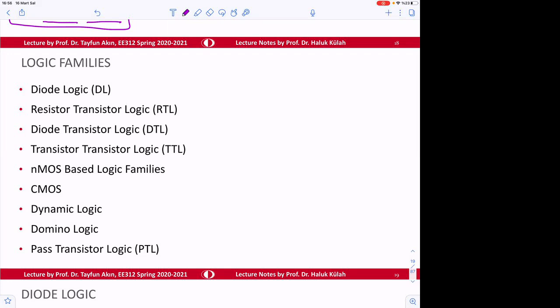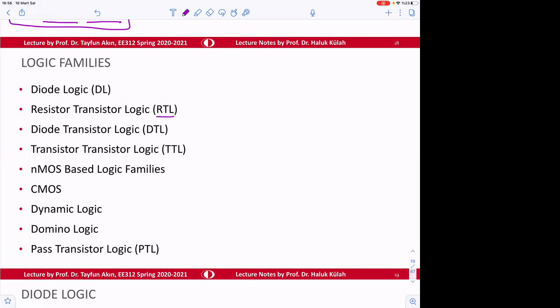Is that okay? In the coming hours, we will see how we can make an inverter, for example, or a NAND gate or NOR gate, with these technologies. Like we already mentioned RTL, so that you can understand the idea here.